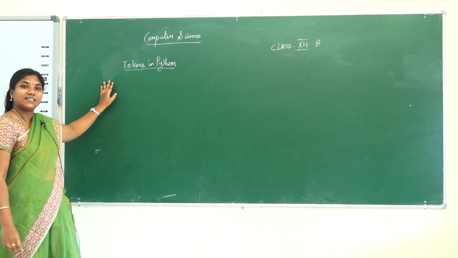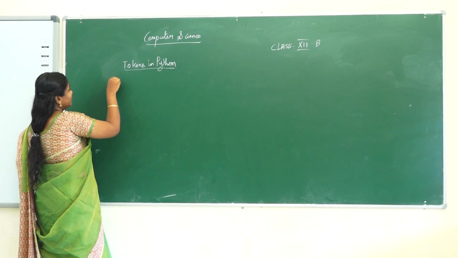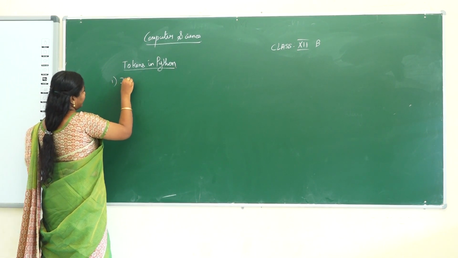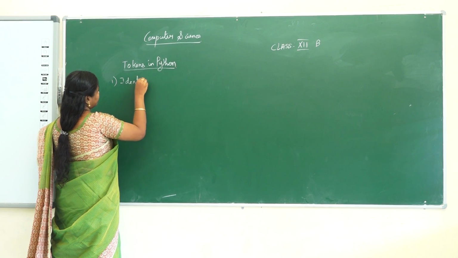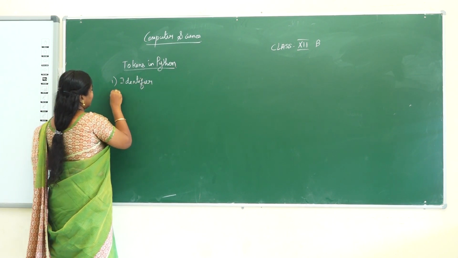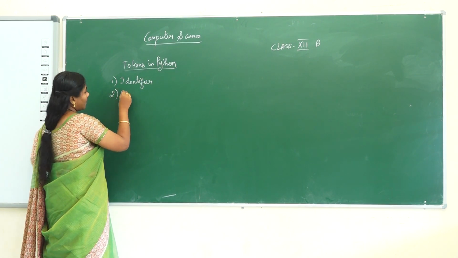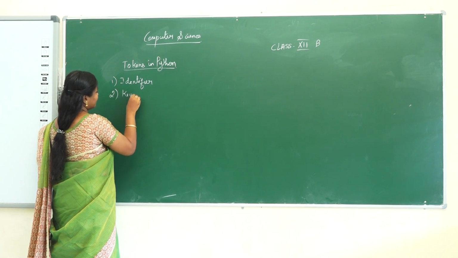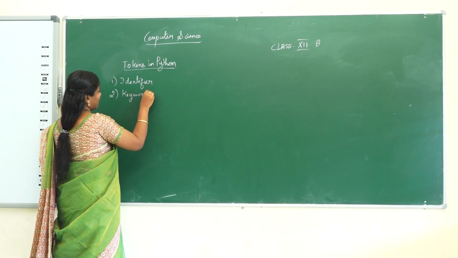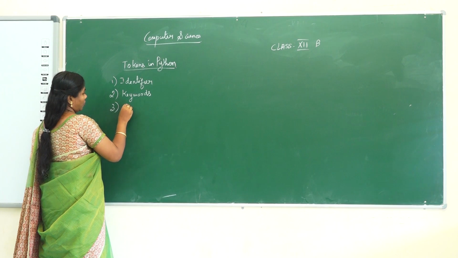So, the tokens in Python. First one, identifiers. Second one, keywords. Third one, operators.